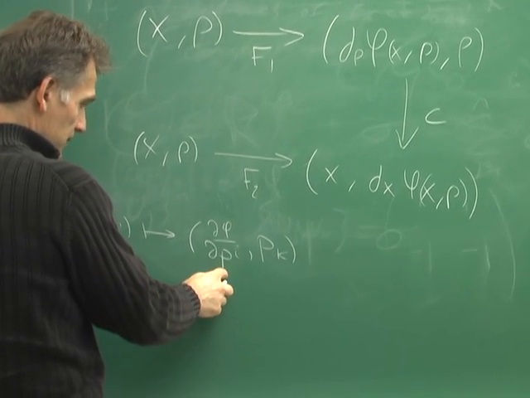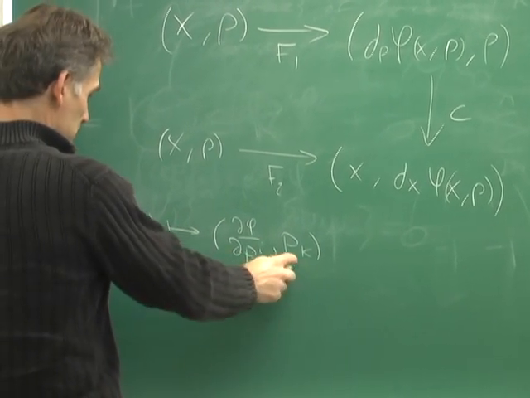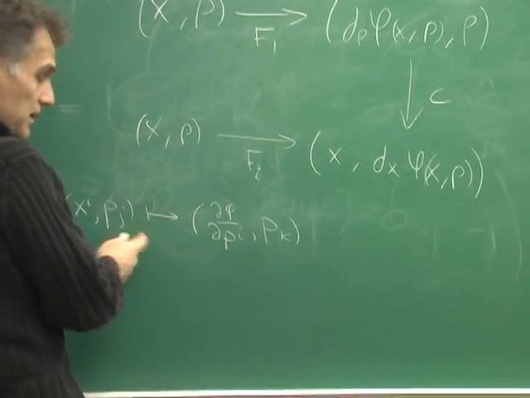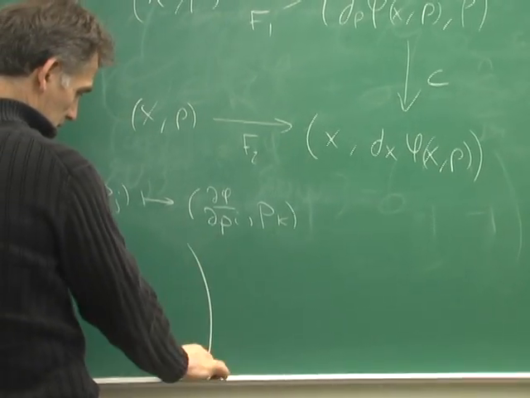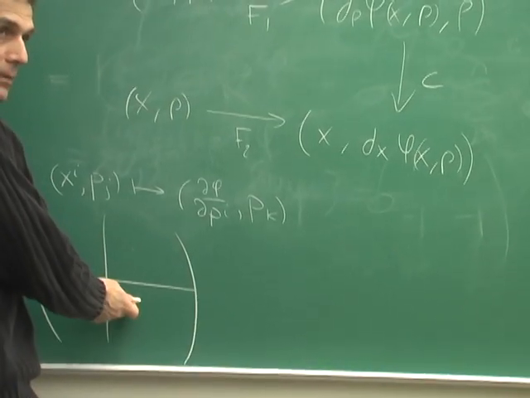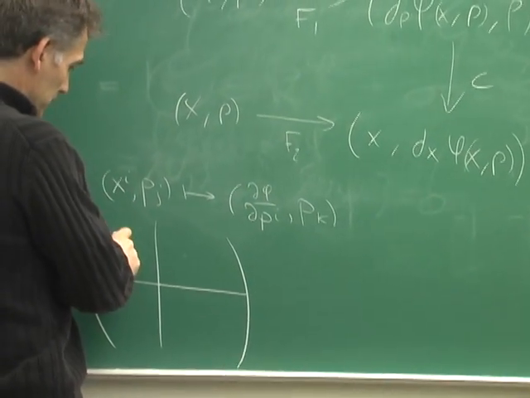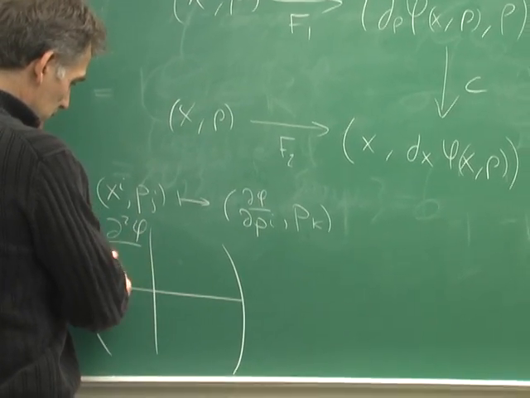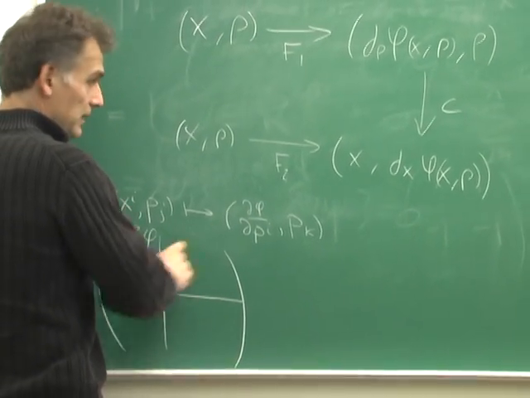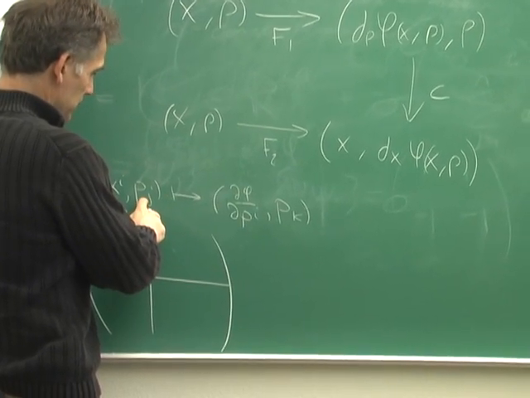You take this and differentiate it with respect to both of these variables, and then you take this and differentiate it as well. That will be 2n by 2n, where these are all n by n matrices. So we take that and differentiate with respect to x. You get d2 phi by dx dp. That's that matrix.